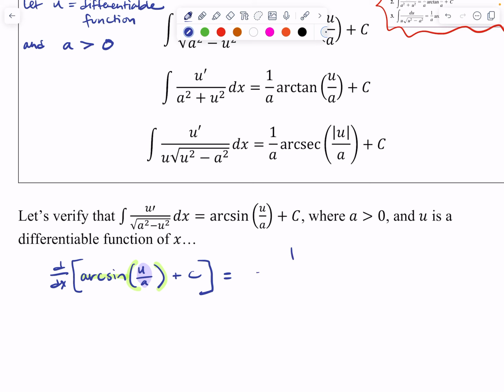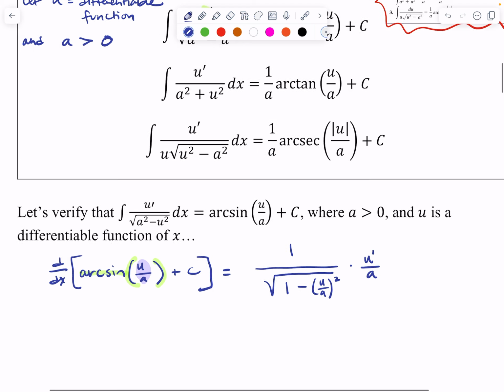So the derivative of arc sine would be 1 over the square root of 1 minus whatever the argument is, so the u over a squared, and then we need to multiply by the derivative of u over a. Well, a is just a constant, so you can think of that as u times 1 over a, which the derivative would be u prime over a, would be one way to write that.